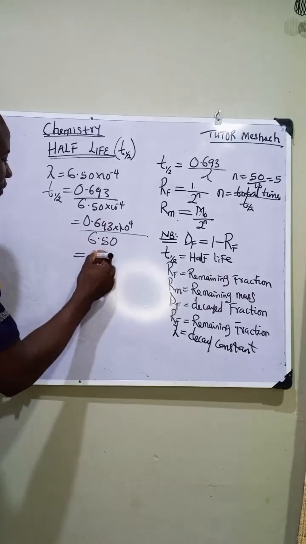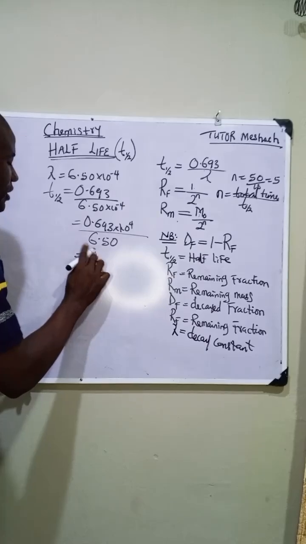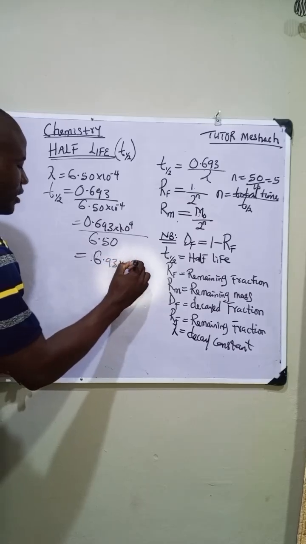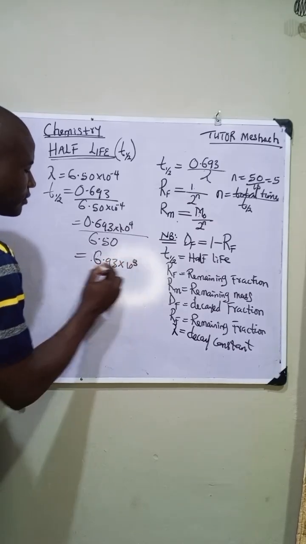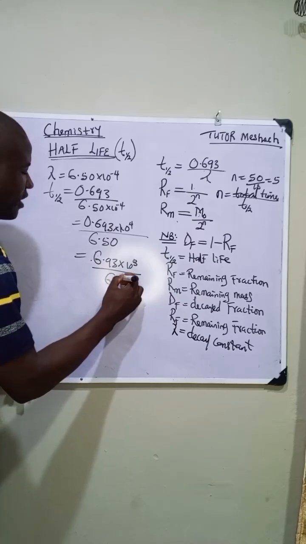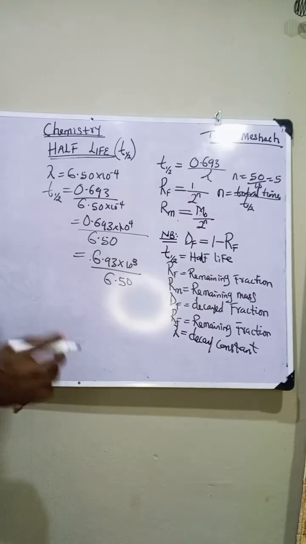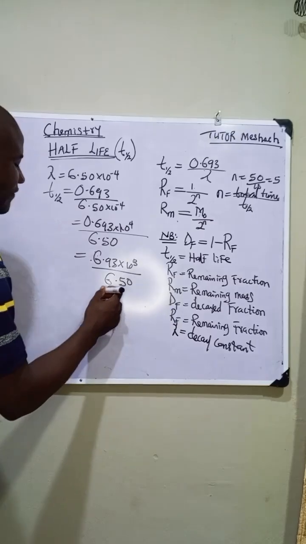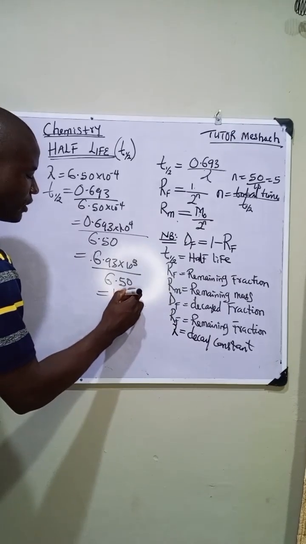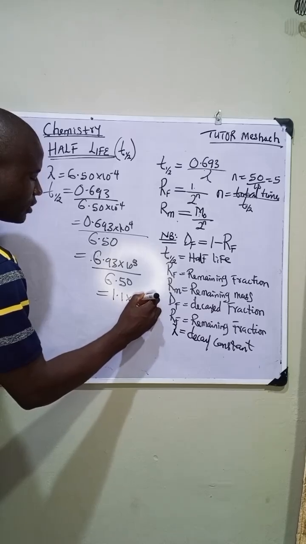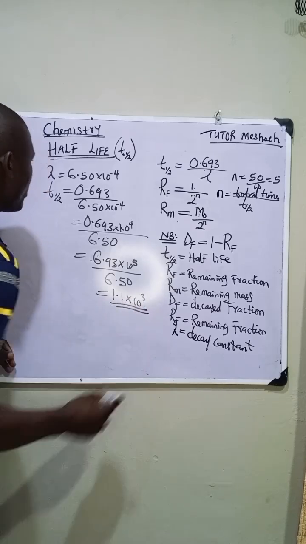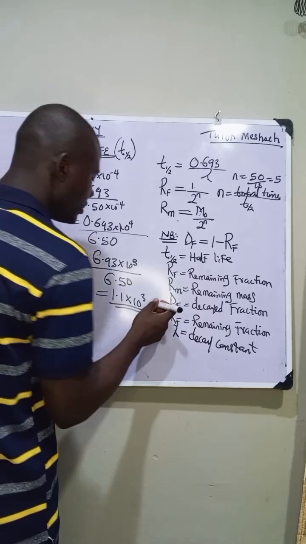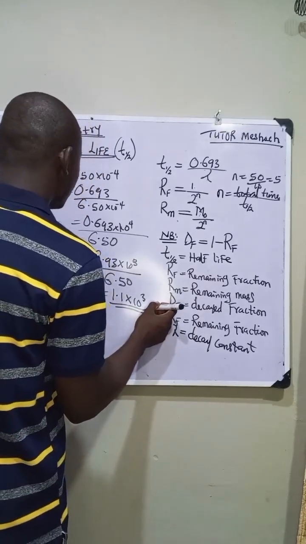Let's do it like this: 6.93 times 10 raised to the power 3 divided by 6.50. If you press it in your calculator, it will give you 1.1. So we are going to have 1.1 times 10 raised to the power 3, and that will be our answer. That is in seconds.